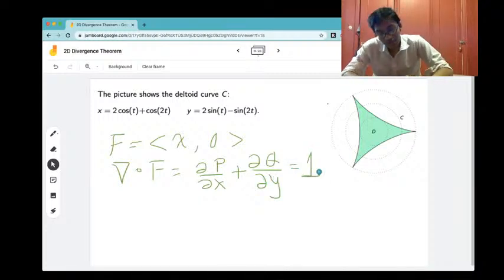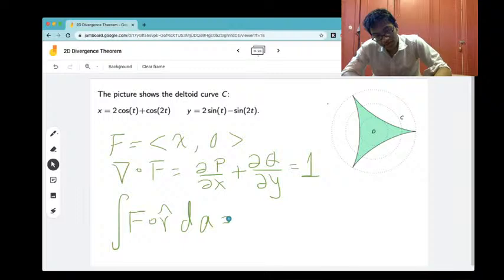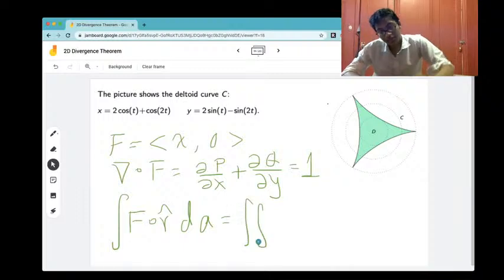Now, why is that beneficial? Well, remember by the new divergence theorem we just discovered today, that f dot r hat times ds is equal to the double integral of the divergence operator, right? So the divergence of the field times the area, right?